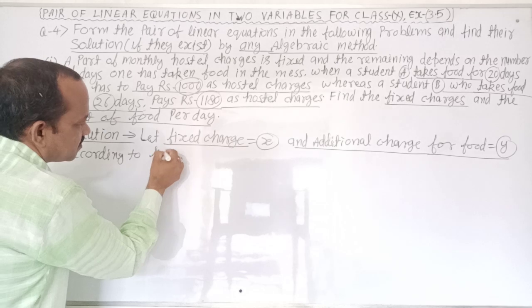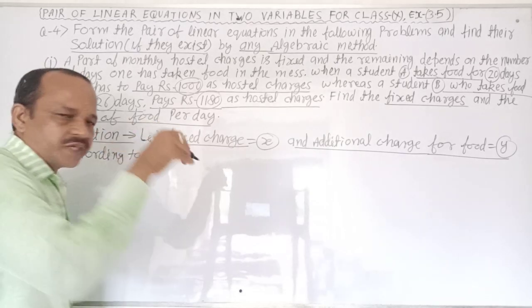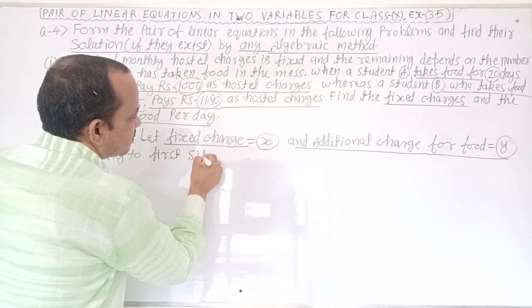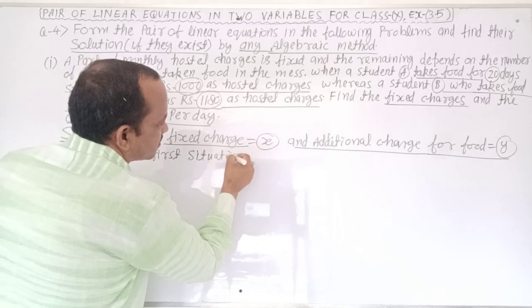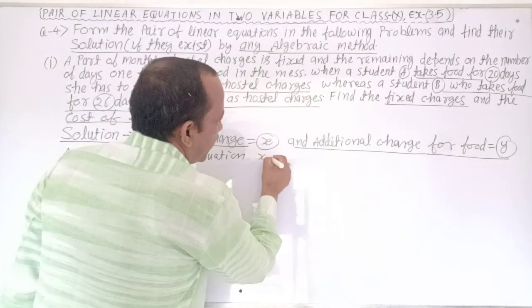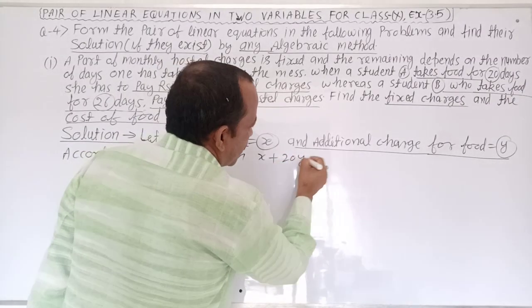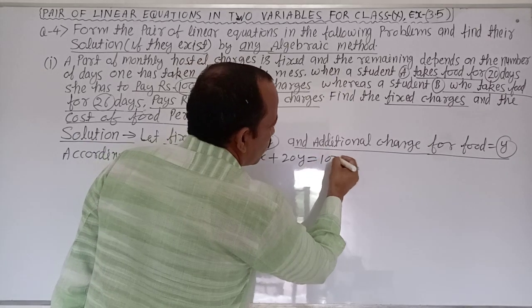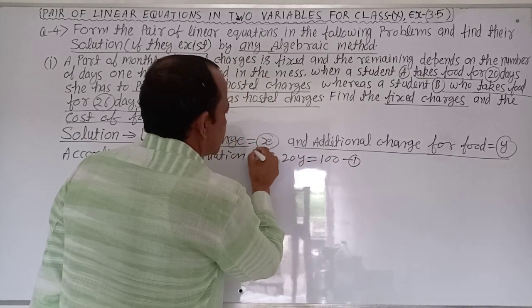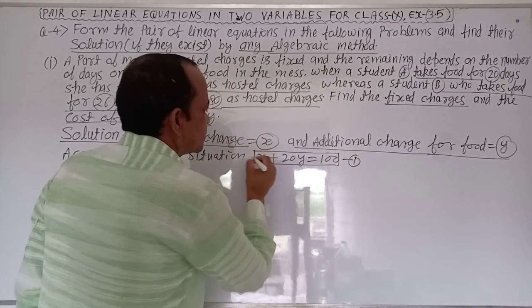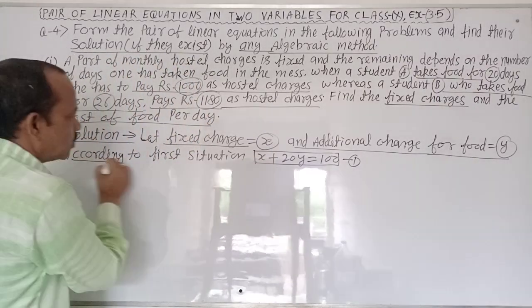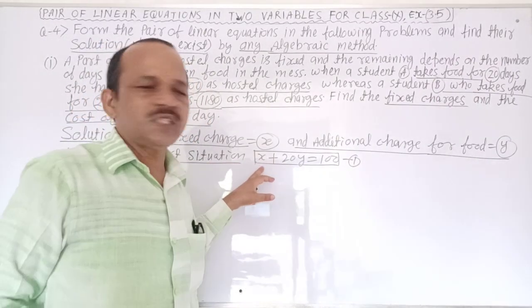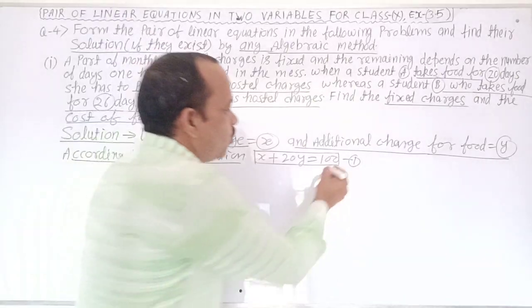According to the first situation, x plus 20y equal to 1000, equation. According to the first situation, x plus 20y equal to 1000.